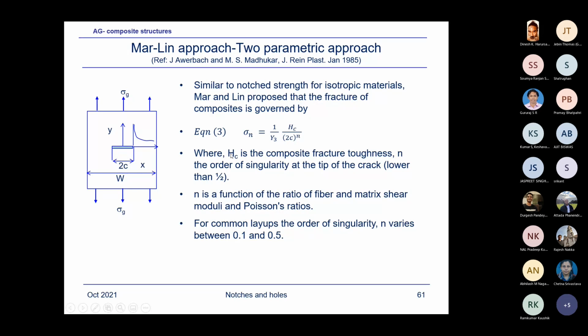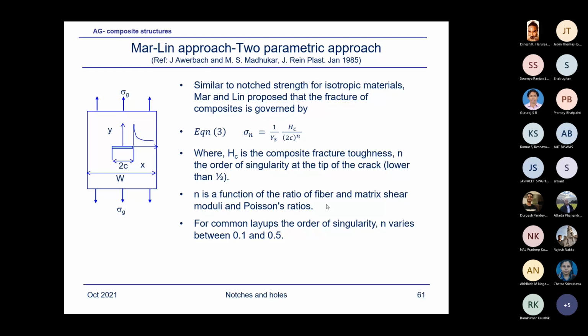The parameters are where Hc is the composite fracture toughness, equivalent to metallic fracture toughness K1C. n is the order of singularity at the tip of the crack, which is lower than 1/2. And n is a function of the ratio of fiber and matrix shear moduli and the Poisson's ratio for different materials, in fact.